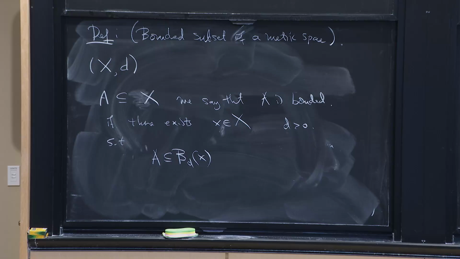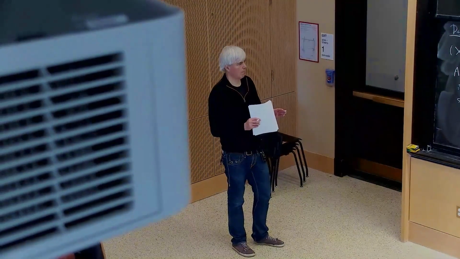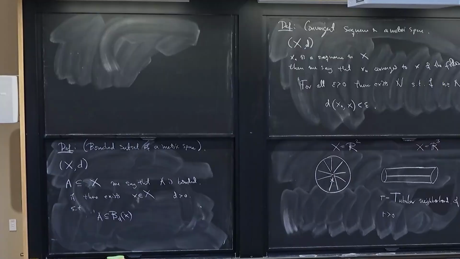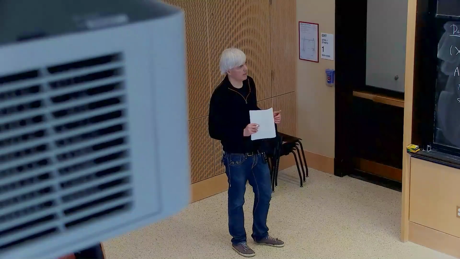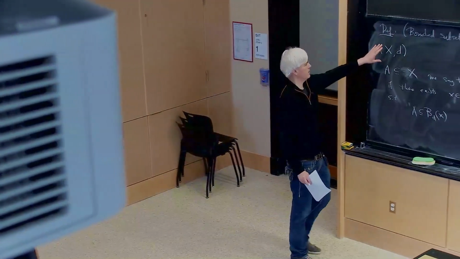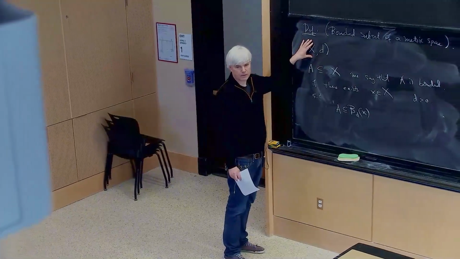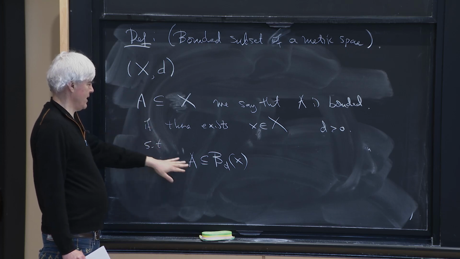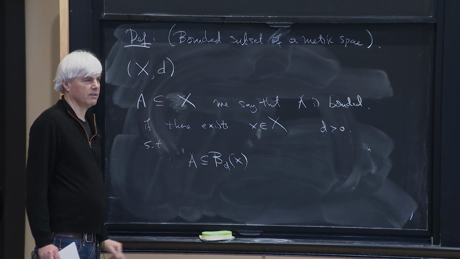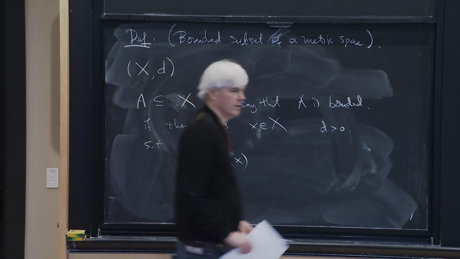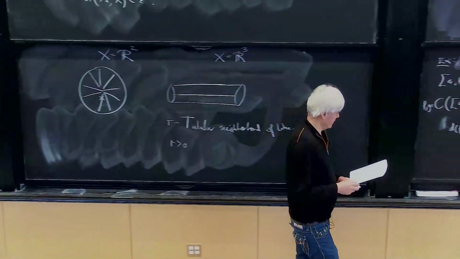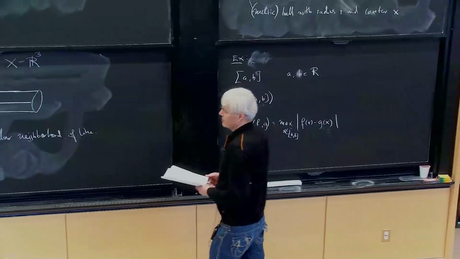Now, there's a few things like this that we'll see. The empty set: if you take X and the subset that has no elements, the empty set is contained in everything. So actually, the empty set would be bounded, but it's not a particularly interesting example of a bounded set.